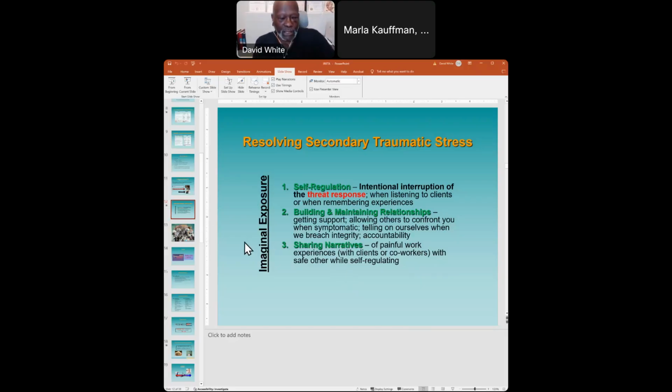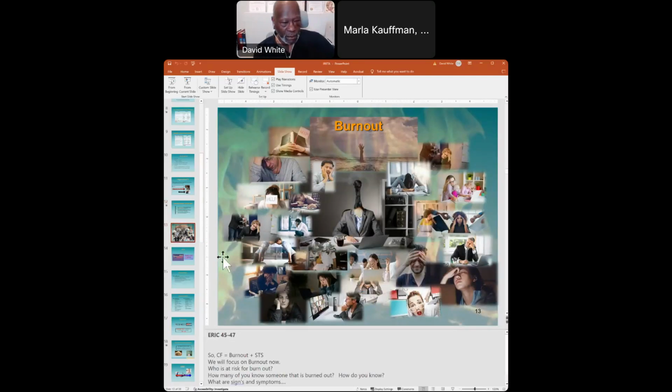That's a key piece of starting to deal with secondary traumatic stress, that you have the capacity to talk with someone about what's going on with you. And you will see more about that when we get to one of the antidotes for how you resolve this. So now we're going to move from secondary traumatic stress into burnout.